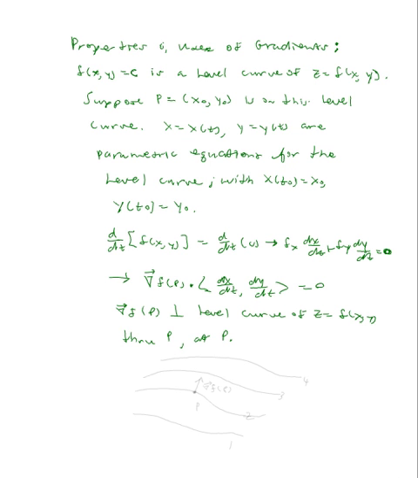We already know that the maximum value of the directional derivative, the greatest rate of increase of the function at a point, is occurring in the direction of the gradient vector. So we know the gradient vector points in the direction of increasing function values, but we now also know that it's perpendicular to the level curve through P at P.